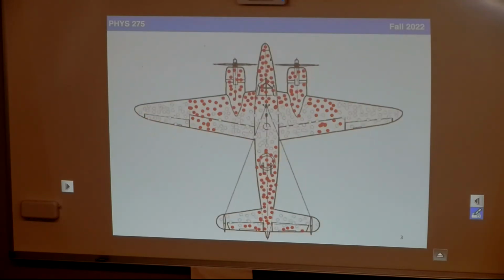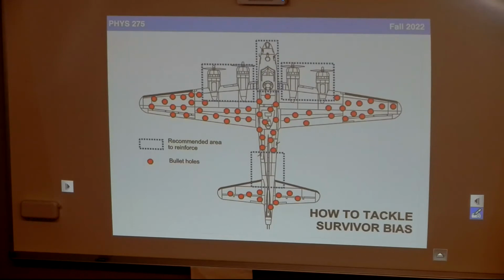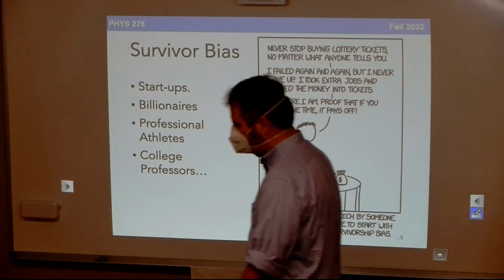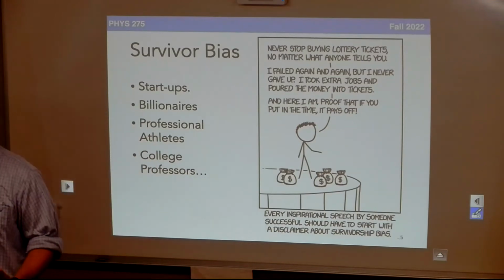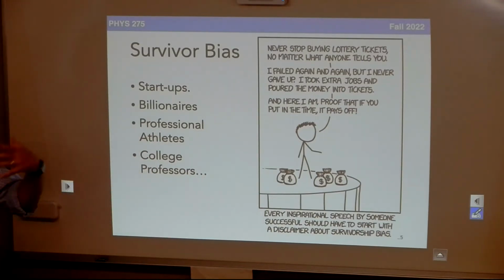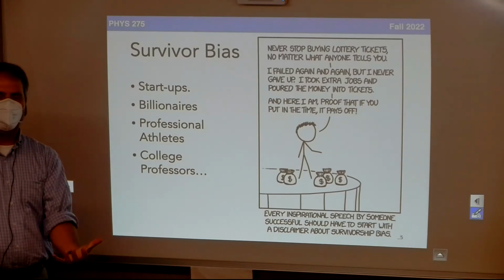So the answer was, where do you put extra armor? Where planes lose the ability to come home. Although if you see some of the pictures like I started with, it's amazing what kind of holes they did manage to fly all the way home with. So survivorship bias is something that happens a lot, and this is where anecdotal evidence comes back to bite us.